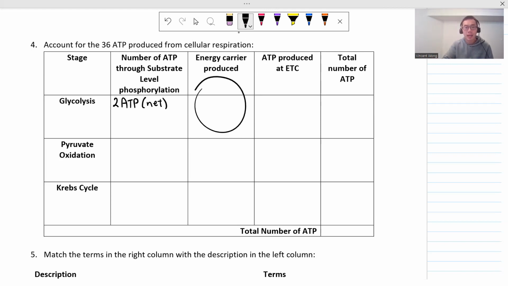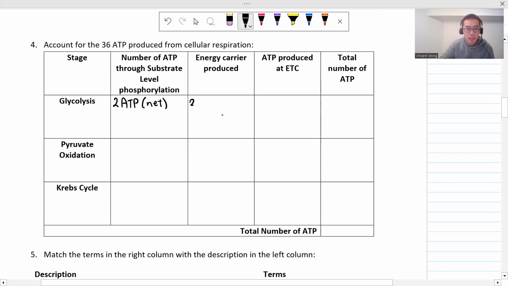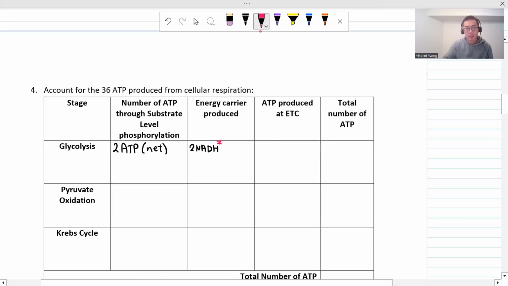Okay, what kind of energy carrier do we produce? And how many? Does anybody remember? 2 NADH. That's right. We're going to produce 2 NADH. But these NADH are going to have a bit of a problem. So I'm going to put a star here and I'm going to explain.